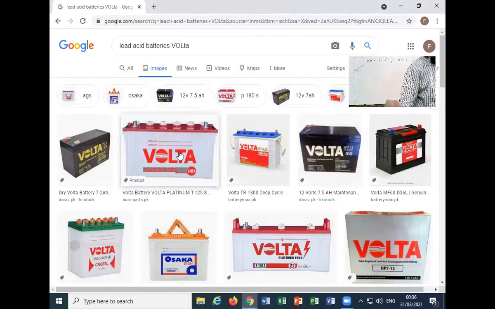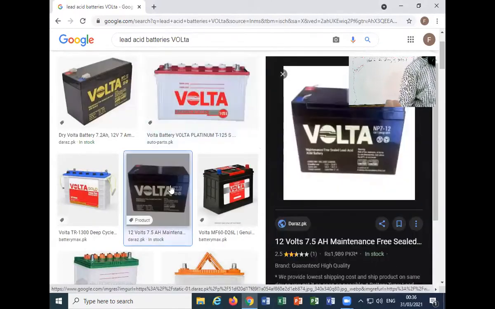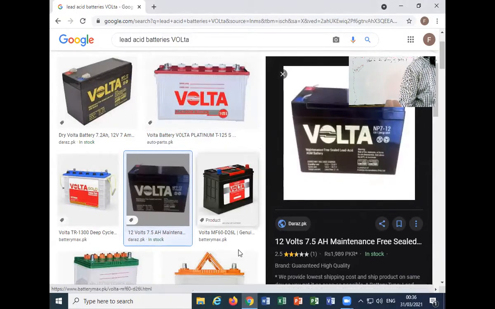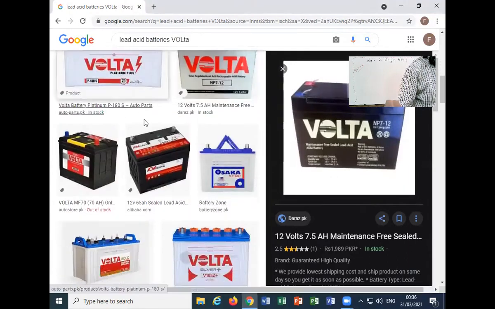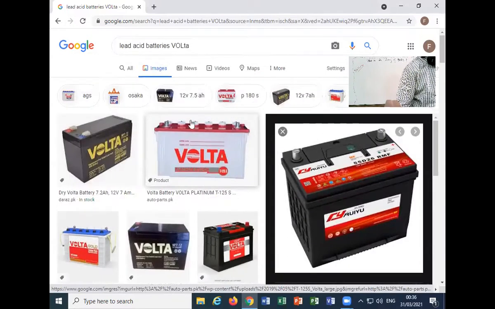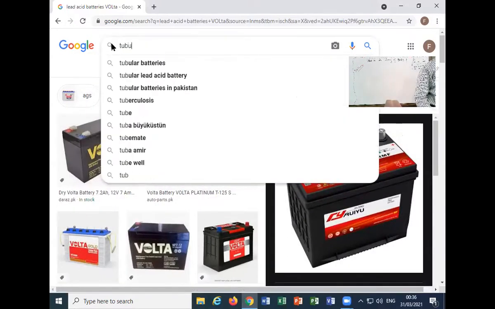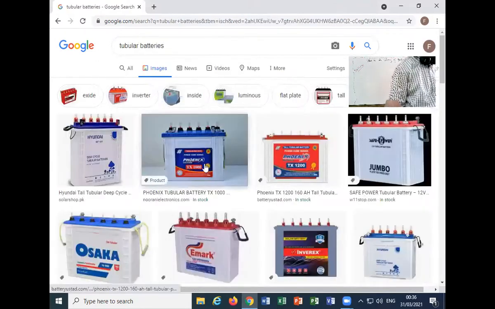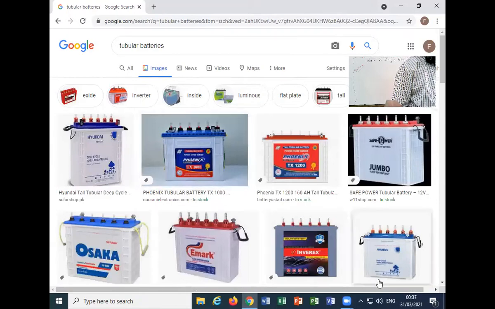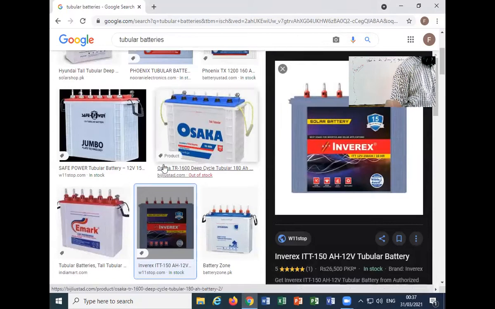Now these are the batteries. We are primarily discussing these batteries, either this AGM battery, or this type of battery, or these batteries which are used either in cars or for backup. I also discussed with you the tubular batteries. What are tubular batteries? These batteries are also very common, readily available in Pakistan, India, US, UK.